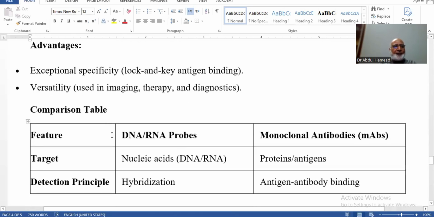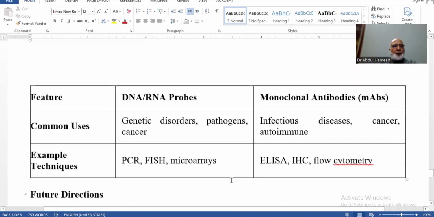So the comparison table, if we look at the features: DNA, RNA probes target nucleic acids. Monoclonal antibodies target proteins and antigens. The technique principle in case of DNA, RNA probes is hybridization, and in case of monoclonal antibodies, antigen-antibody binding.